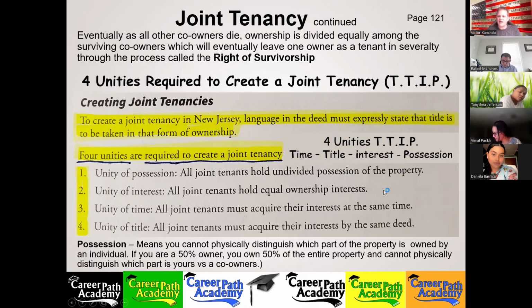All owners have to have an equal ownership share. And then the unity of possession, where you can't physically distinguish which portion of the property belongs to who. You have a percentage of ownership, you own that percentage of the entire property. So there I put my definition of possession, what that possession actually means, because a lot of people get mixed up on that.